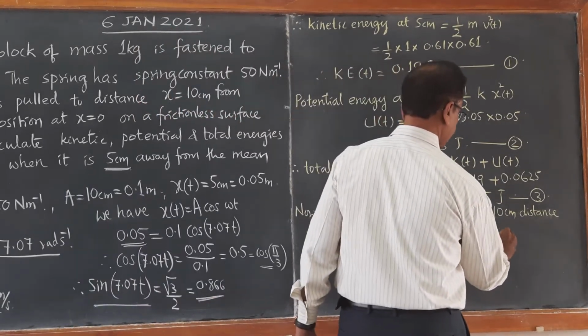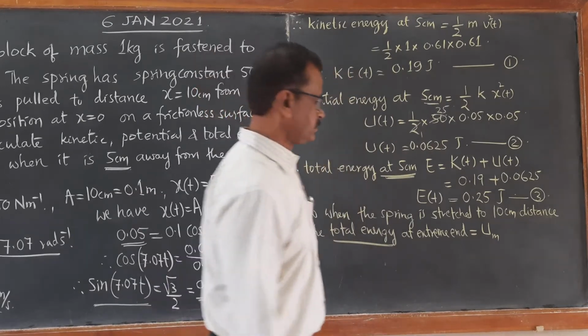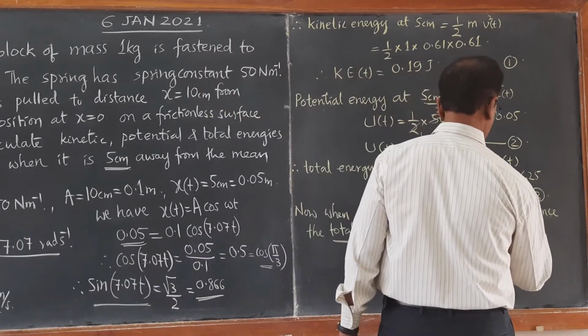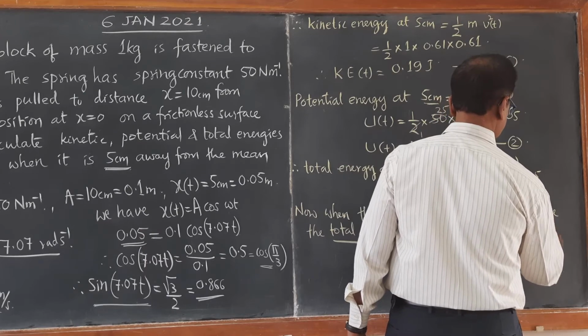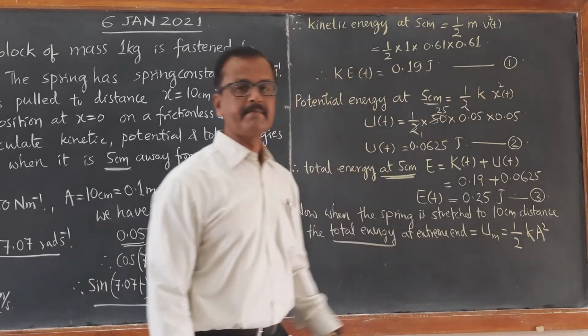That is, you can call it the maximum potential energy. Maximum potential energy is given by half k a square, where a is the amplitude.